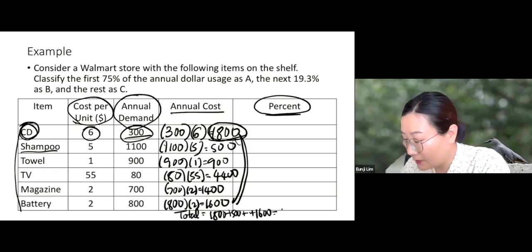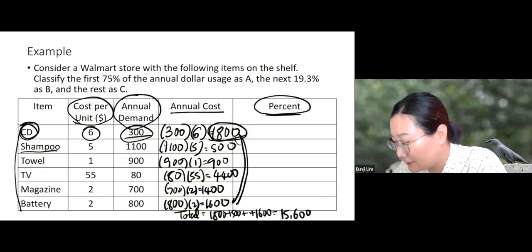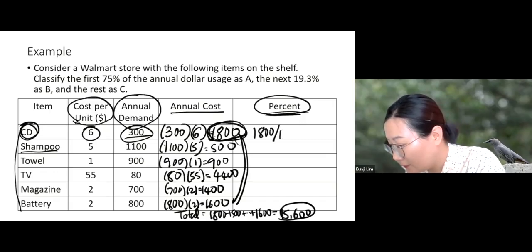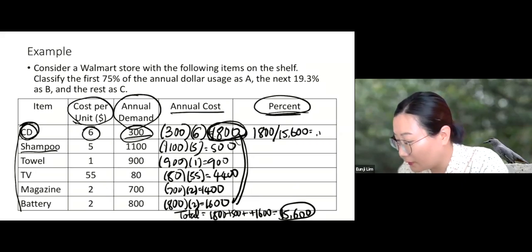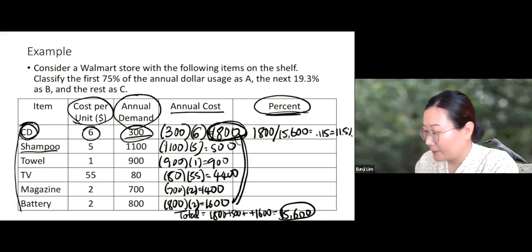This is $15,600. Now to compute the percentage of 1,800 out of the total, you have to take 1,800 divided by the total, 15,600. So that's 0.115, which is 11.5%.